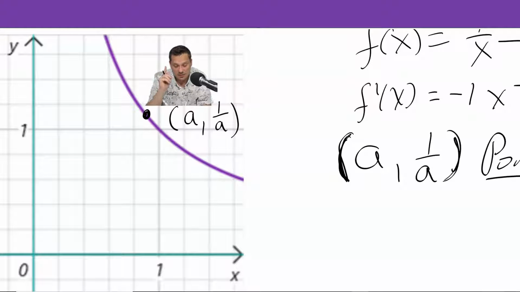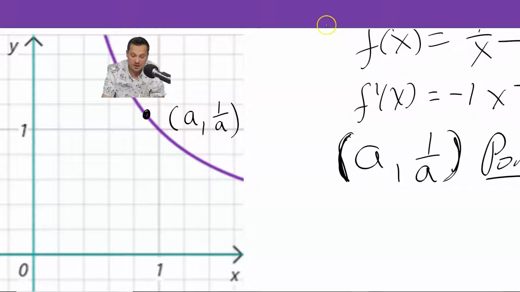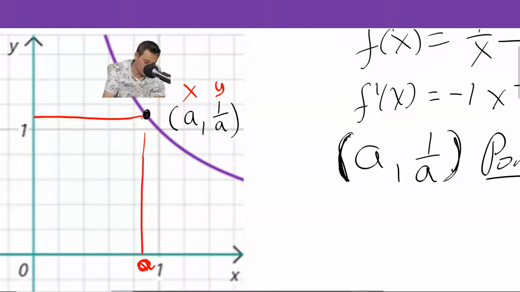Don't forget something important here, that despite appearances, this is really just x, and this is really just y. So in other words, if I made a line straight down, this is my a, it's just a value of x, and this here is 1 over a, but again, it's just a value of y. So that's all they are.